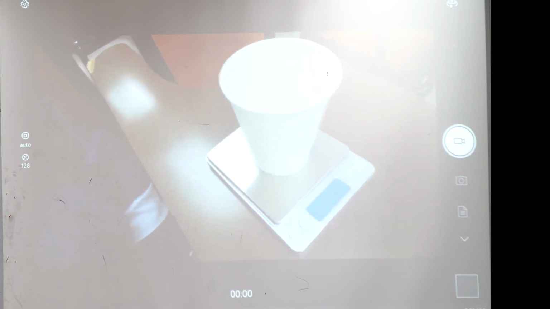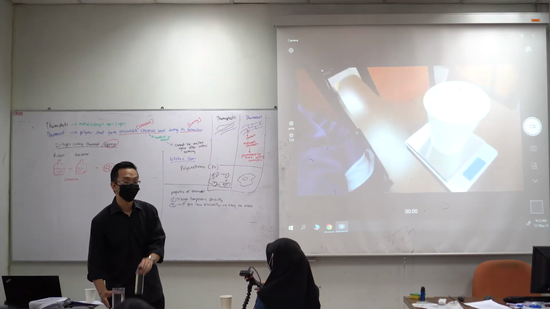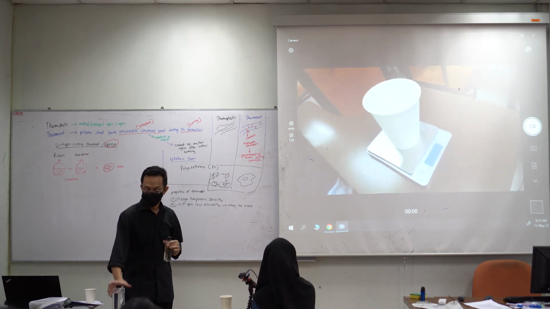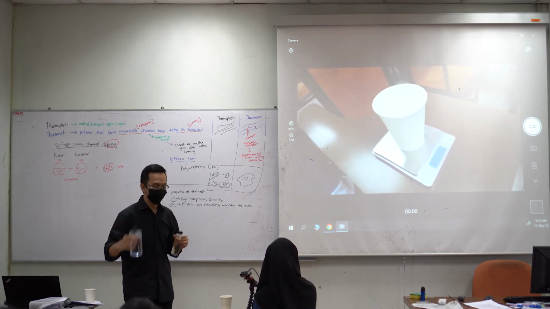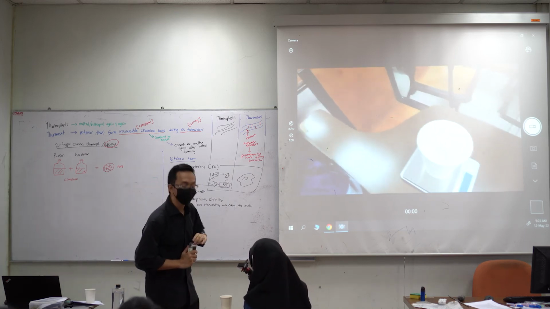Okay, 30.8. So I need to add around 10.8 of this hardener in order to make it cross-link. By itself, it doesn't harden, but when you add this, it will harden.